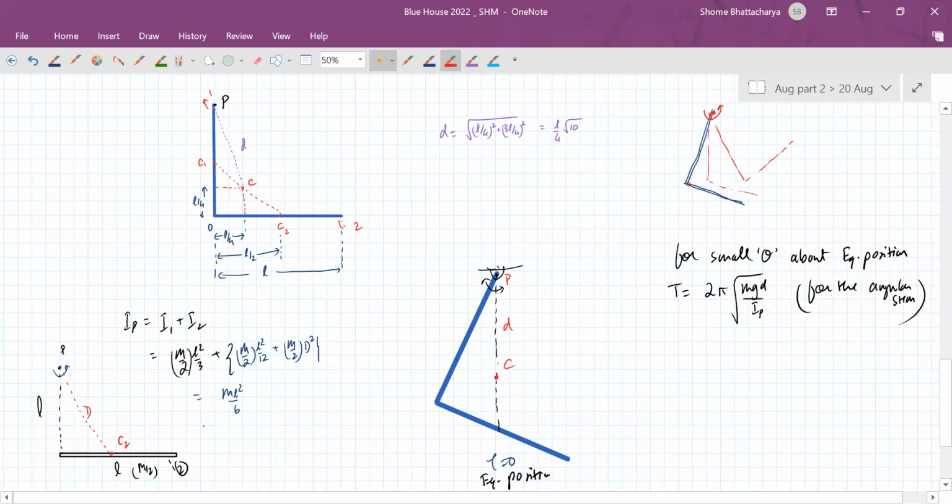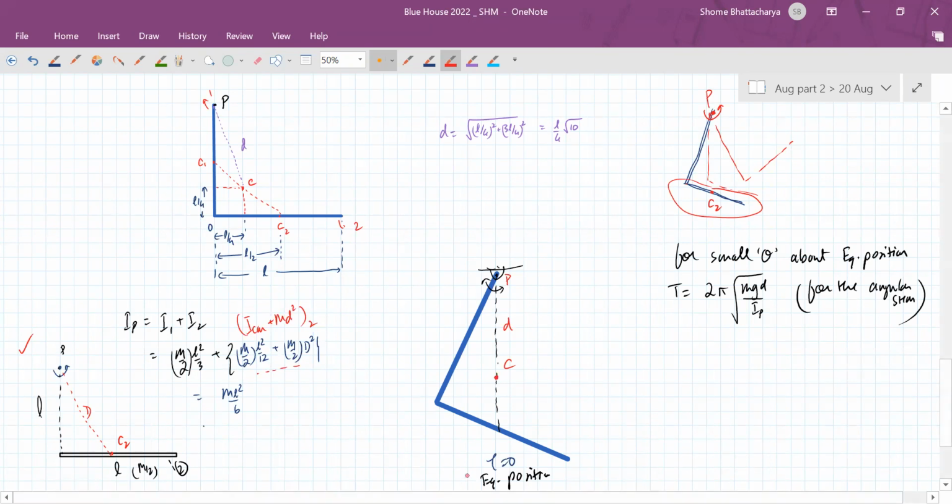Understood now? So this object is actually doing what? Just divide it in your mind into two separate objects. This object is a rigid body whose own center of mass is here, but it's rotating about this point P. So that's this diagram here. To find the moment of inertia about that point P, you're using the parallel axis theorem, ICM plus MD square, but for the second object.